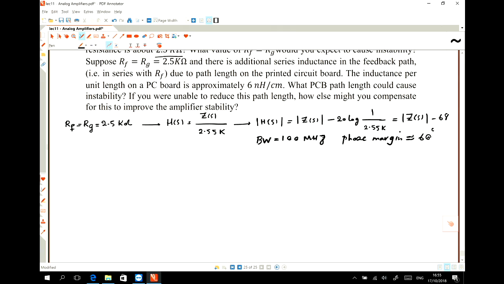So what does 60 degree mean? It means that if I add a load to this system, and because of that load I have a lag, but this lag is just below 60 degree, then my system is not going to be unstable.